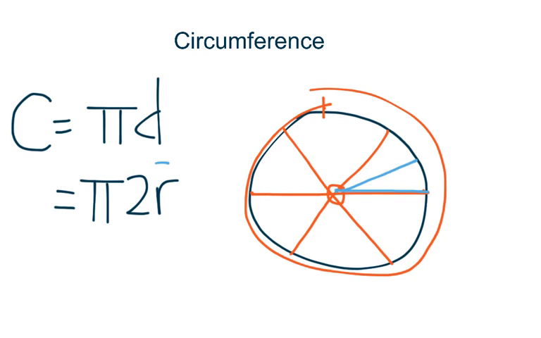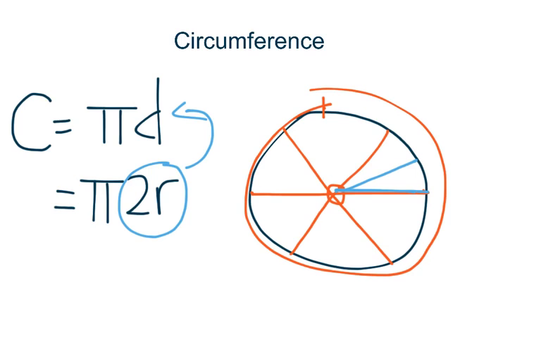So if you have 2r, 2 times r, that's the same as diameter. So in the following problems, you want to make sure that you identify whether the problem is giving you the radius or the diameter. So remember, radius is half of the diameter. Diameter is the whole line going across the circle.